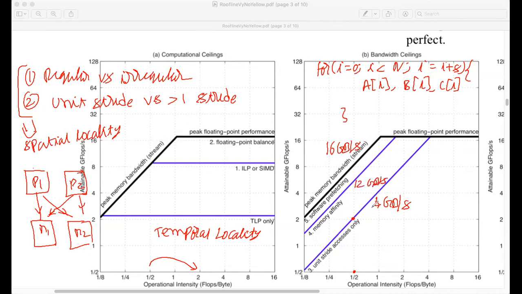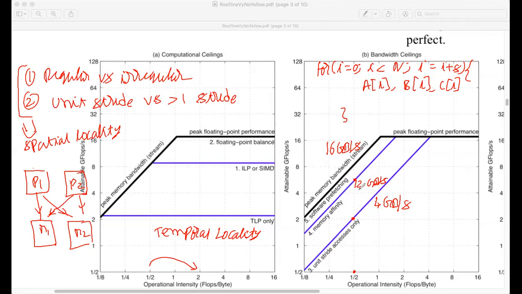So when we increase the memory bandwidth from 4 to 12 GB per second by reworking your code so that the memory is appropriately allocated, then the achievable gigaflops goes up, it will be this.